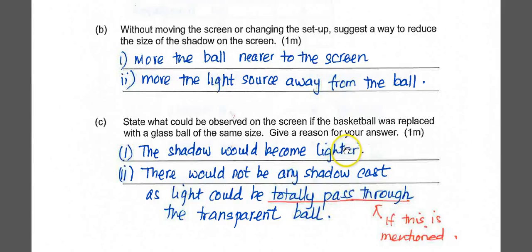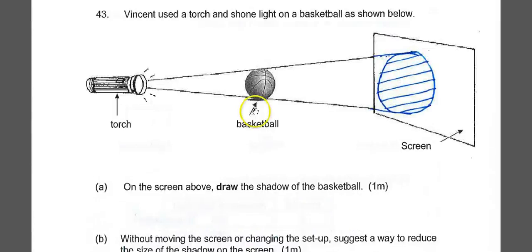Because although the ball is made out of glass, maybe just imagine this part over here, the glass has some substance. The light goes through here, it will reduce the amount of light going through to this part, and reduce even further because there are two layers. Two layers, and it could have a lighter shadow than this. This is the better answer.